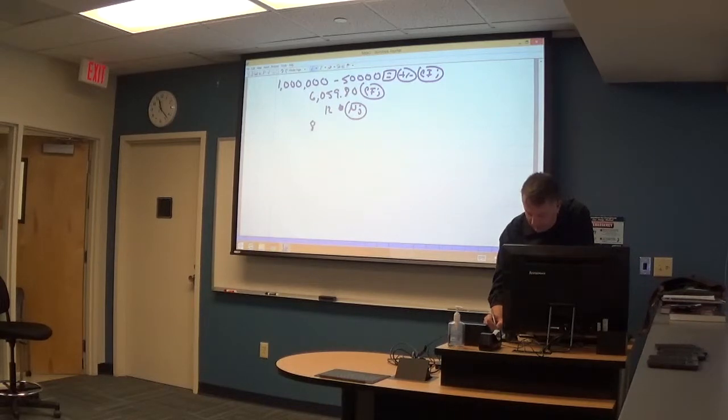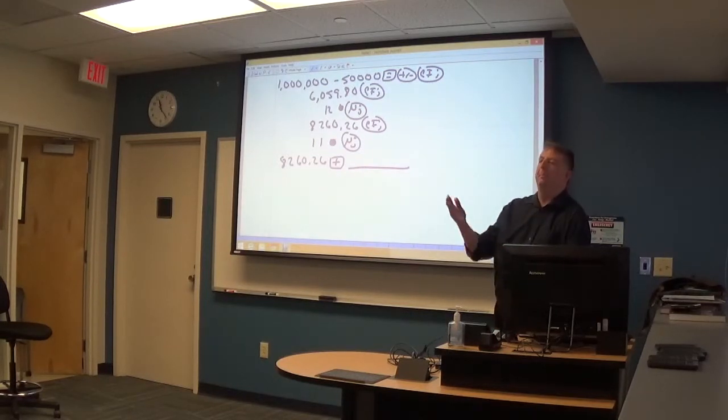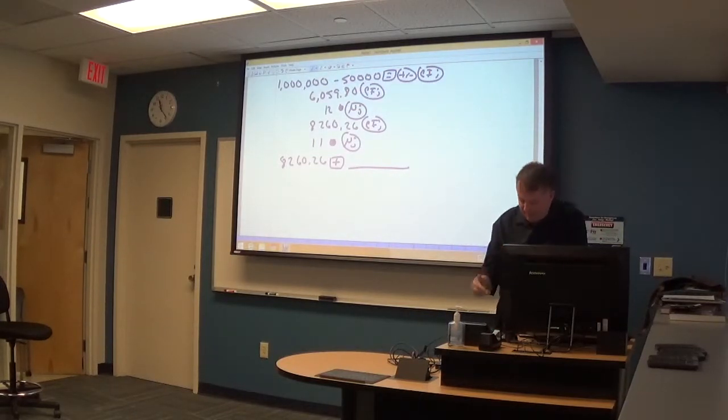Then the cash flow of $8,260.26 for the next 11 months, because our final cash flow is going to be $8,260.26 plus whatever our balance is multiplied by the prepayment penalty, which we have to calculate in a second.